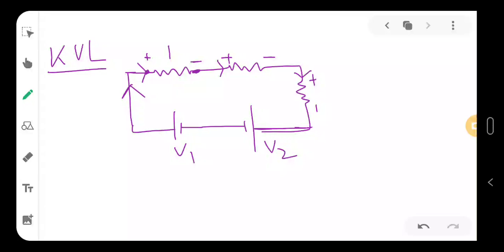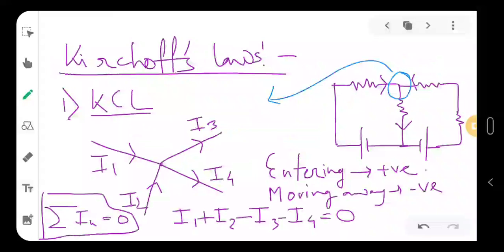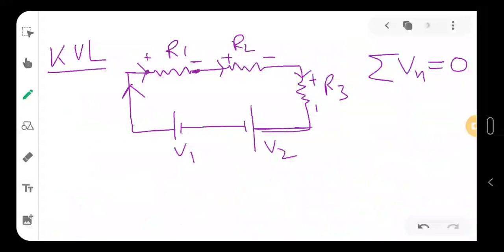So let's say these are the resistances R1, R2, and R3. Kirchhoff's voltage law says that the algebraic sum of all the voltages will also be 0. Current law says that the algebraic sum of all currents is 0, and this says the algebraic sum of all voltages is 0.